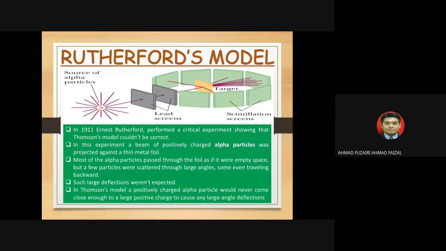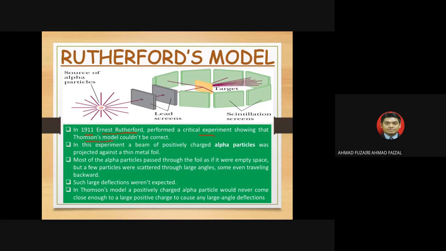The second model of the atom was proposed by the scientist Ernest Rutherford in 1911. He performed one critical experiment showing that the previous model, Thomson's model, couldn't be correct.